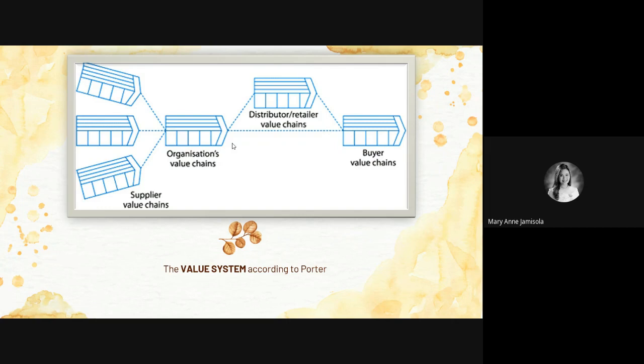The linkages between a company and its suppliers and customers should be managed so that all parties will benefit from it. Gaining and sustaining competitive advantage depends not only on the understanding of a company's own value chain activities and the linkages between these activities, but also on recognizing and managing the relationships between the company and the value chains of its suppliers and its customers.